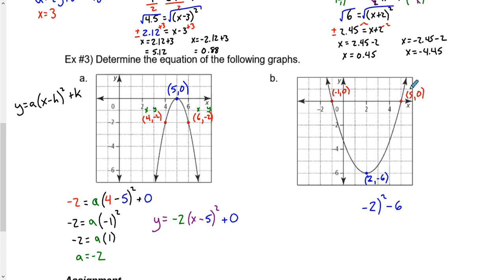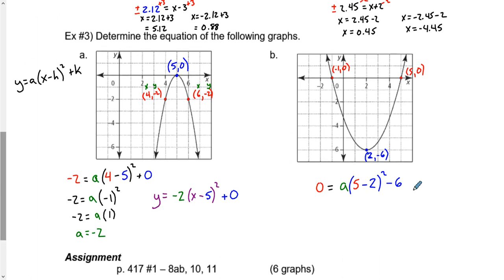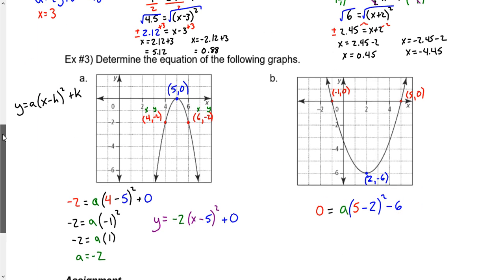The x value in our point is 5. We don't know what the a value is, but we do know that the y value of that same point is 0. So let's do some manipulation here.